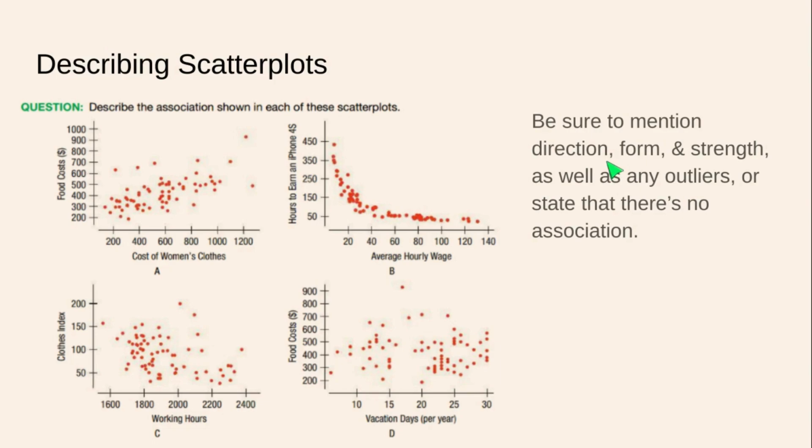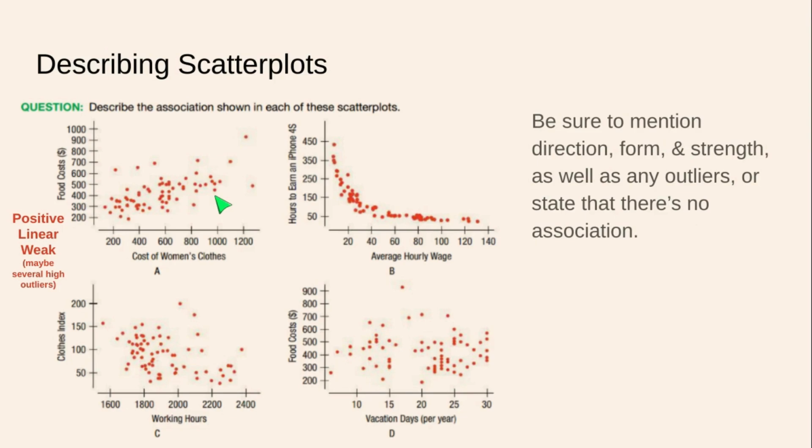Give each of these a go, talk about their direction, form, and strength, or say that there's no association. By direction, I mean positive or negative, form, linear or nonlinear, strength, strong or weak, or none at all. Okay, I assume we're ready to continue.